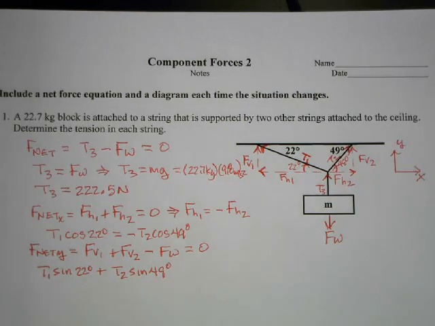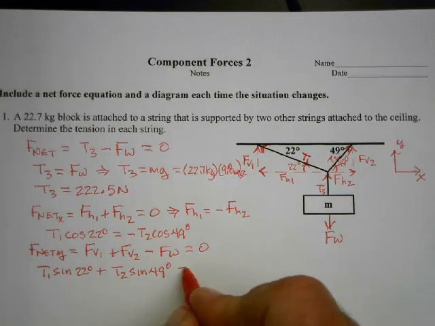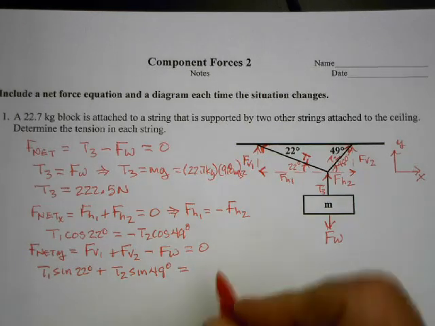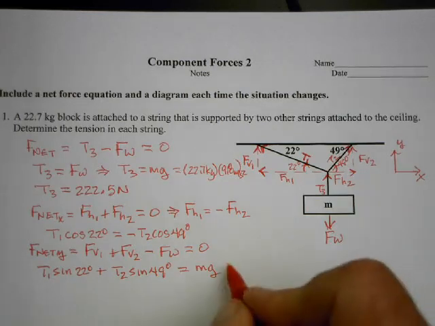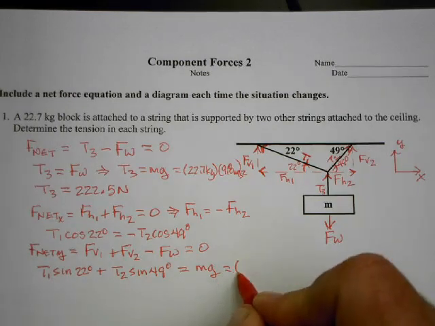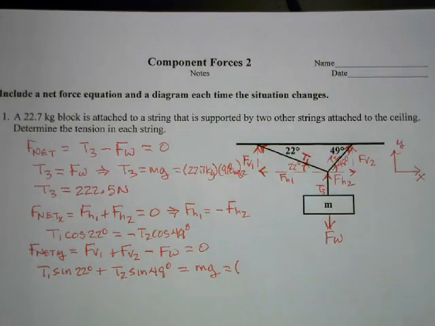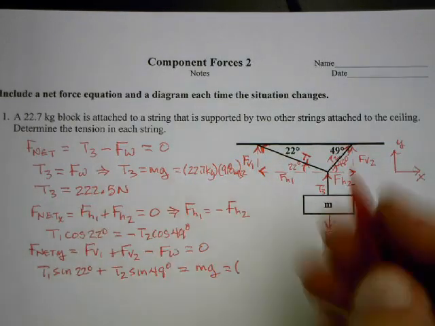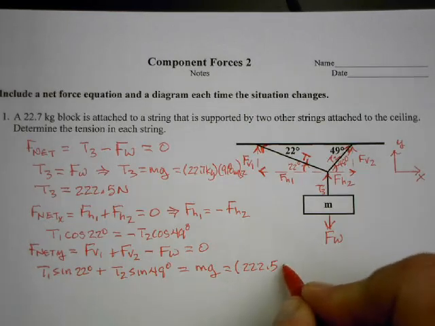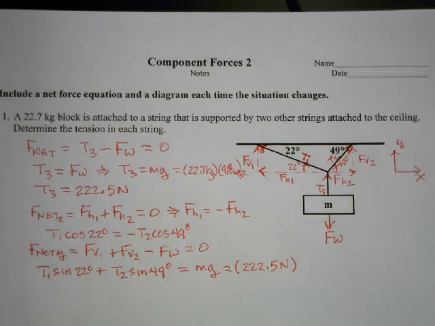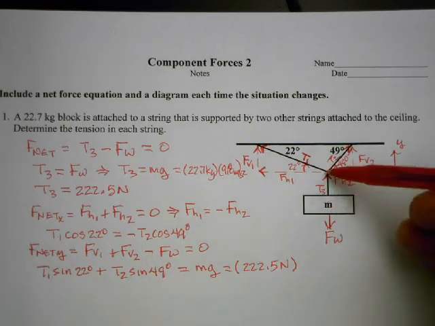Of course, together they're going to equal Fw, which is mg, 222 times 9.8, or 222.5 newtons. Now, why did I make this one negative? Well, I made it negative because one's up and one's down.